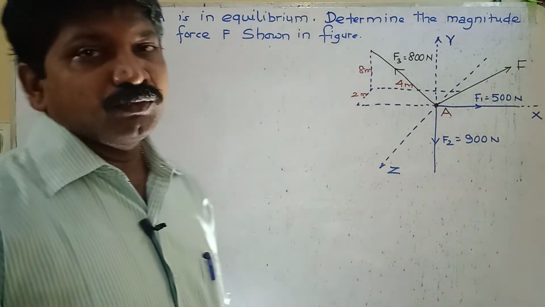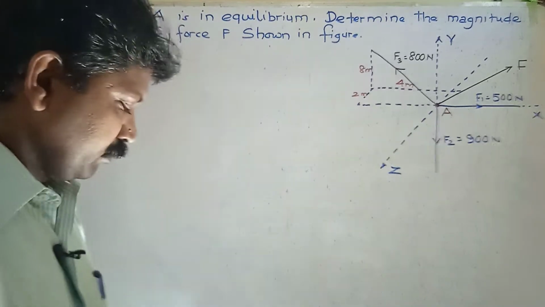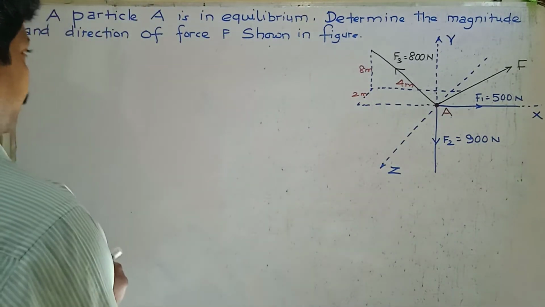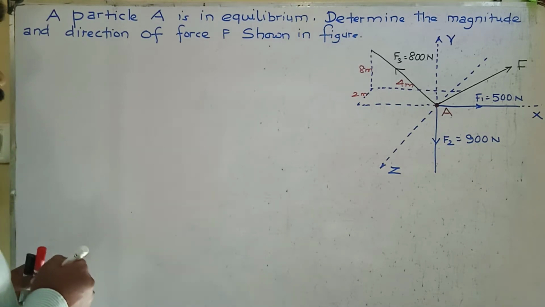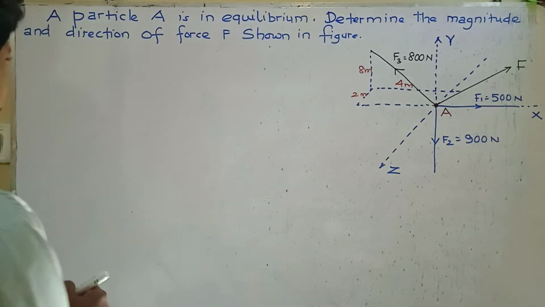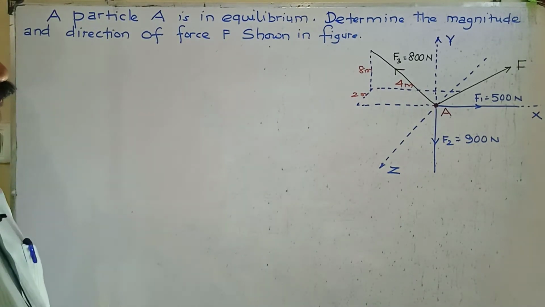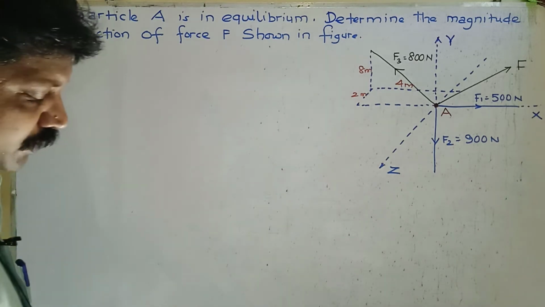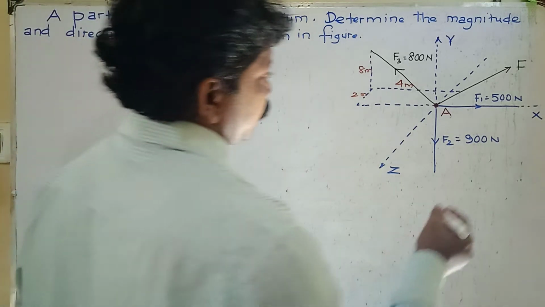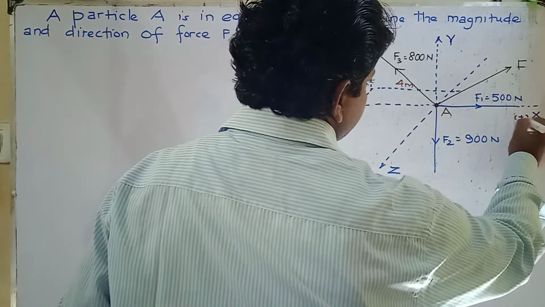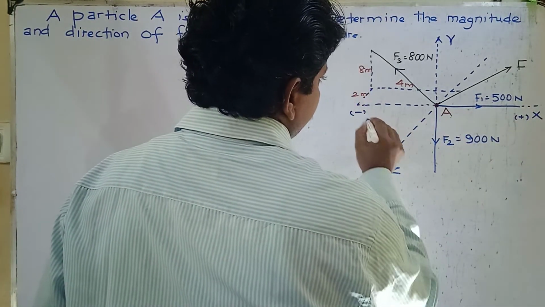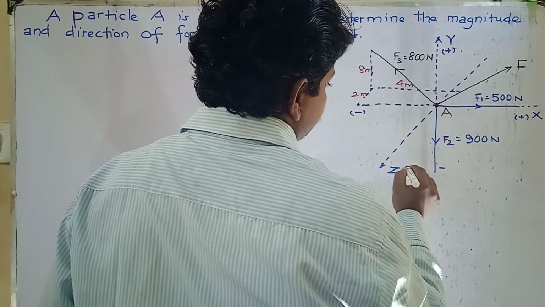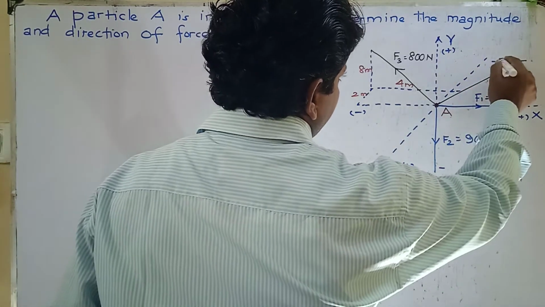First write all the forces in vector form. So the given force F1: F1 is along the x direction, positive. This is x direction positive, x direction negative, y direction positive, y direction negative, z direction positive, z direction negative.